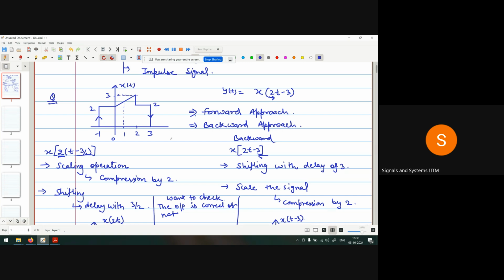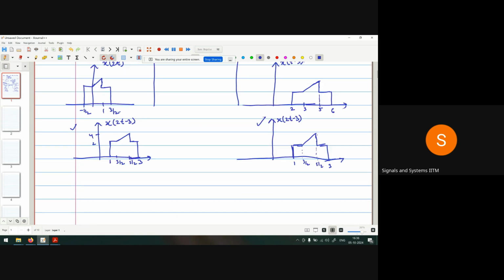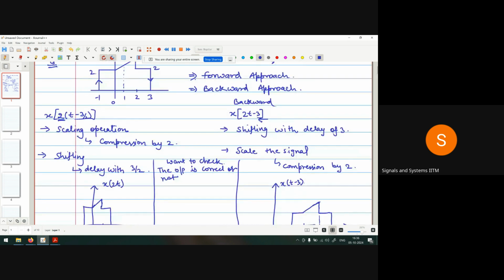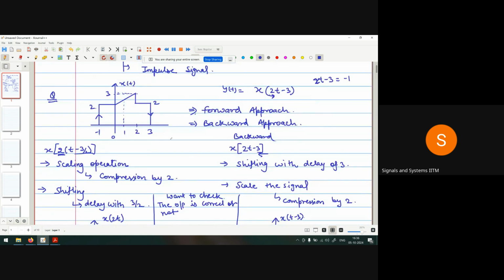Now for the y of t signal, 2t minus 3 should be equal to the starting point. So for this one, the value of t is equal to minus 1 plus 3 divided by 2. That means it becomes 1.